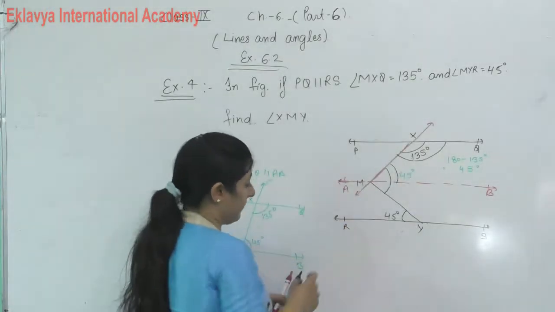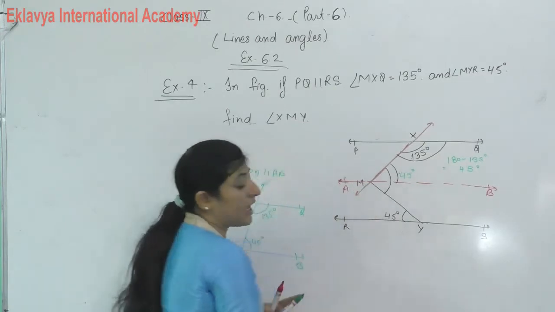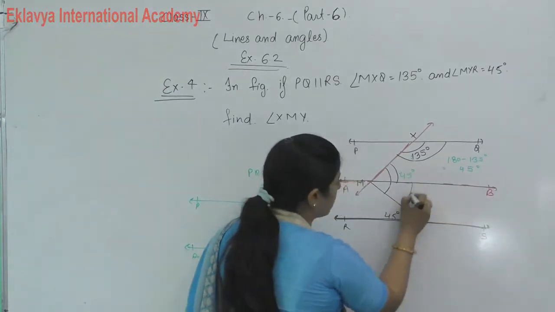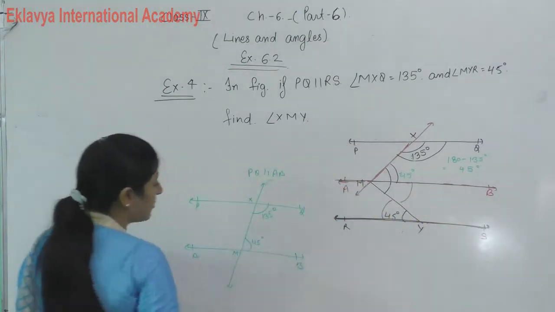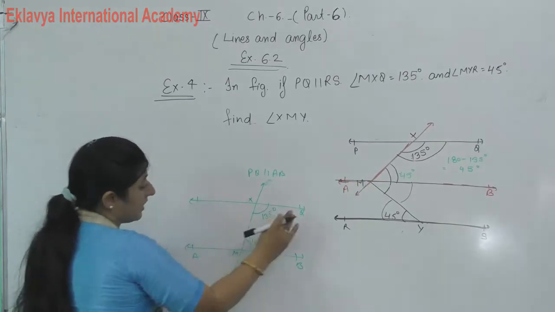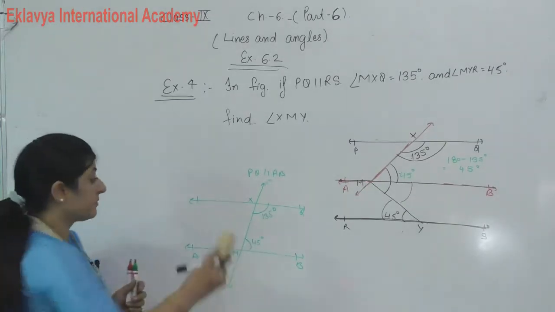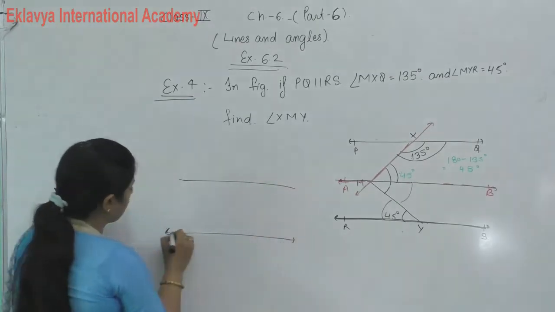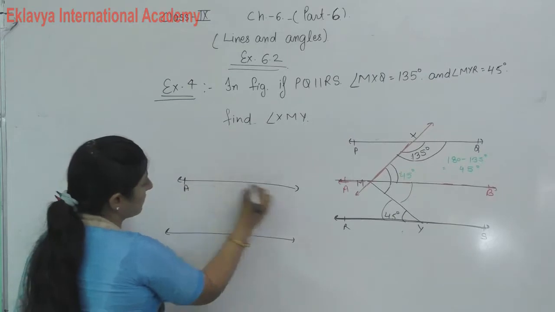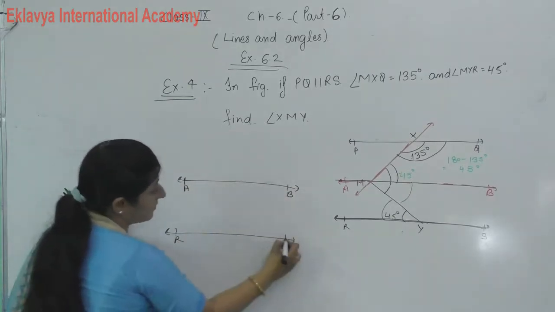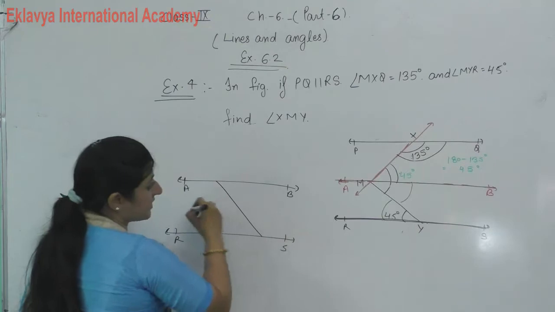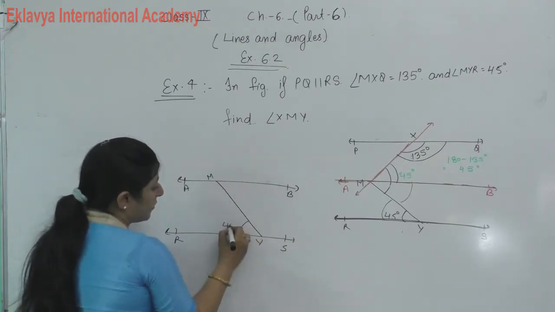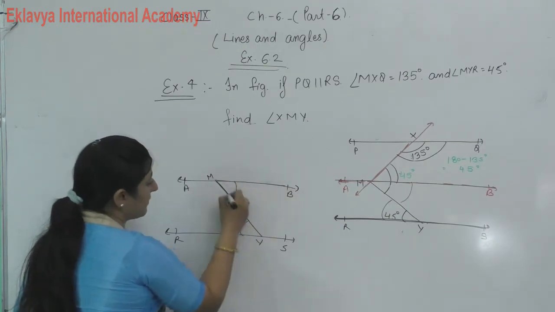Similarly, see downside. AB is parallel to RS. If AB is parallel to RS, then what is the relation between these two angles? This transversal is MY, and this one angle given to you is 45.